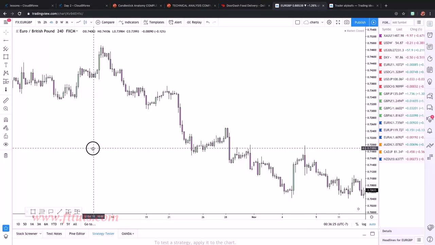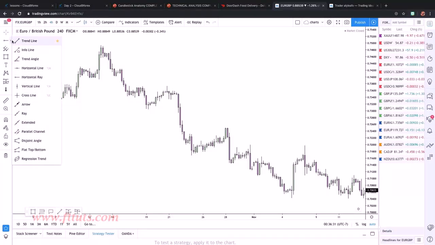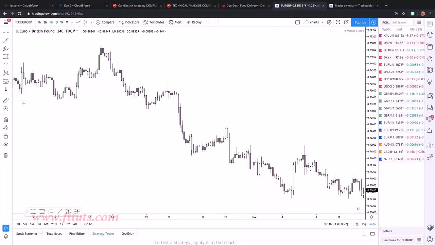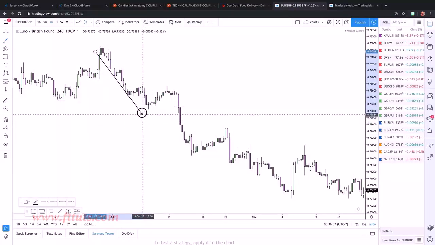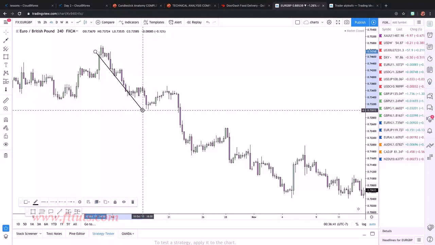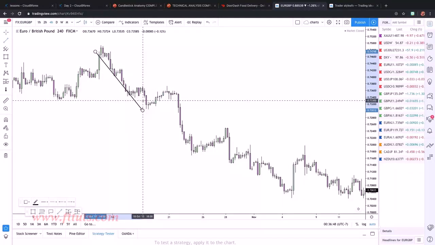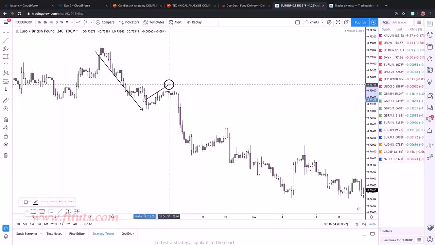Okay, so looking at Euro GBP 4 hour. This is where we're going to find a bearish flag. So it's kind of like an impulse and correction, really. That's what it is. So we have an impulse down and then we have a correction, and this is on the 4 hour. So this is what it's going to look like.